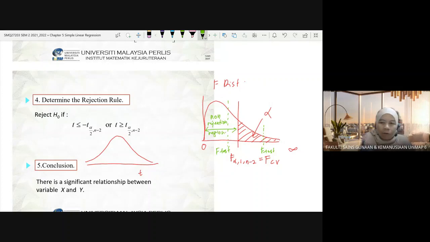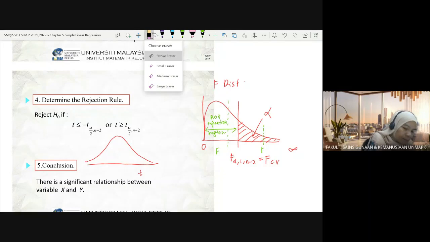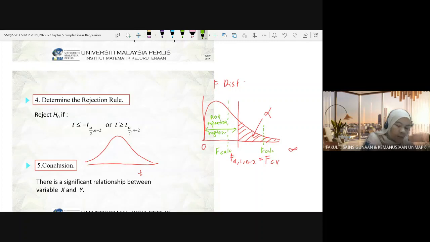So I think it would be easier for me to write down F calc, which means calculated. If your calculated F falls within the non-rejection region, you fail to reject the null.